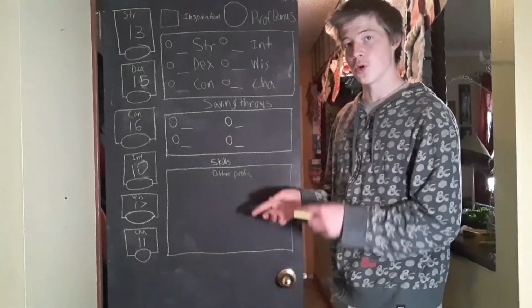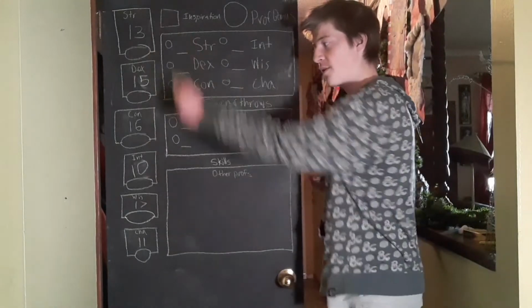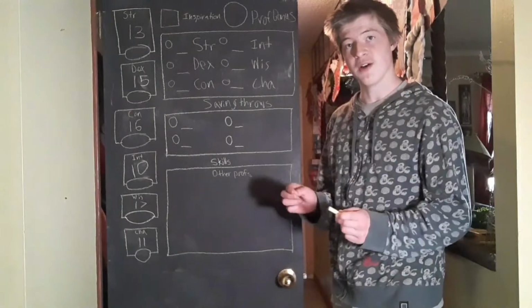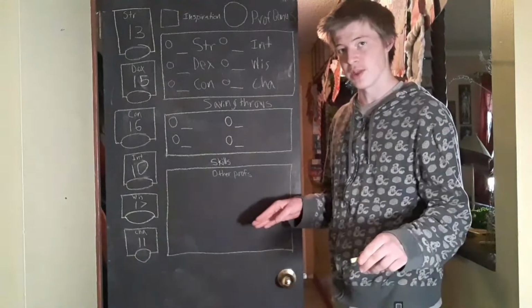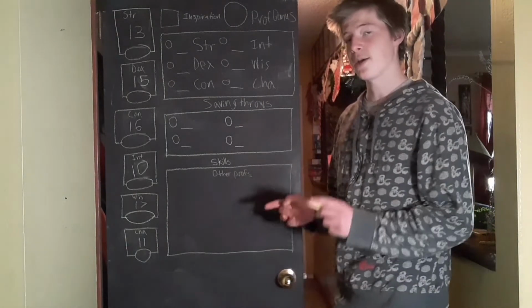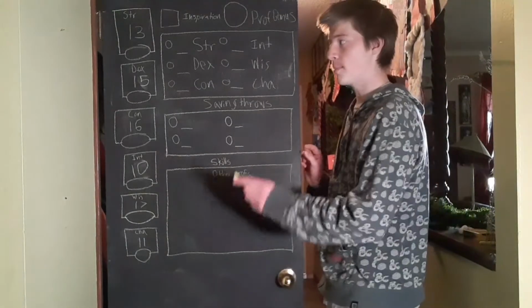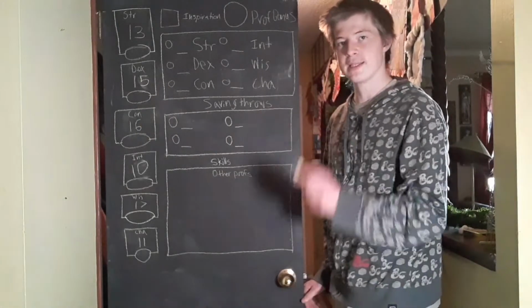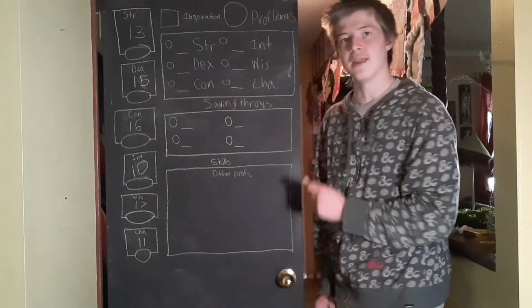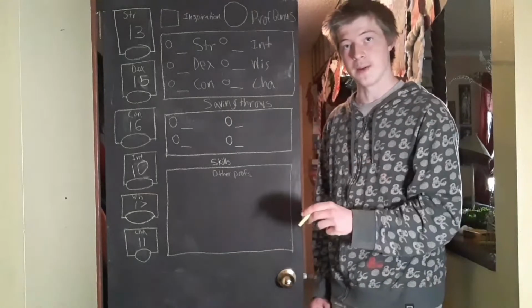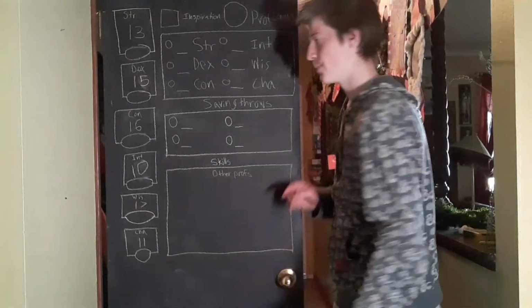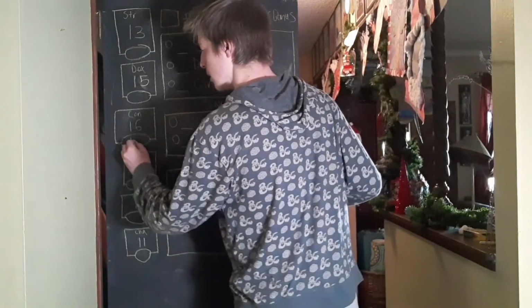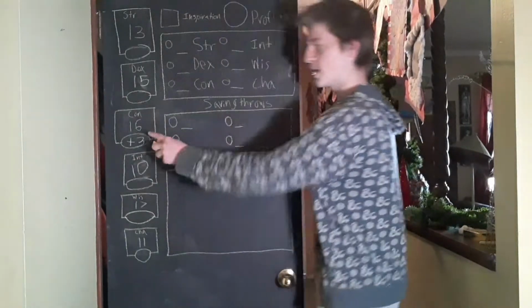Now, there's ability score modifiers. These are the actual important bits. These are used every so often, but the ability score modifier is going to dictate almost everything. So, to calculate modifiers, you take your number, let's start with our constitution, 16. You subtract 10, 6. And then you divide by 2, 3. That's your number. Plus 3.